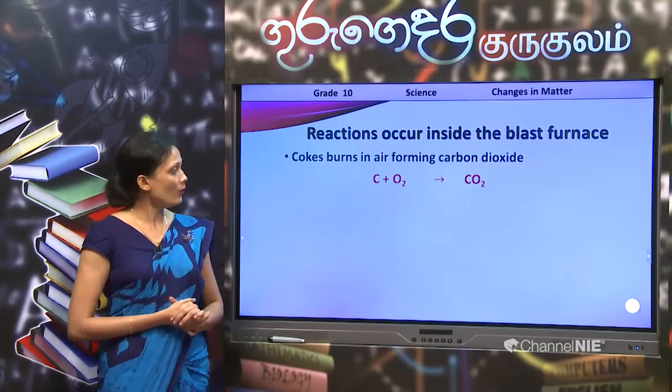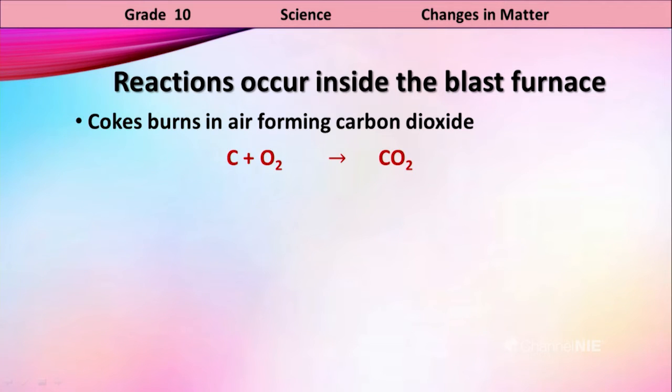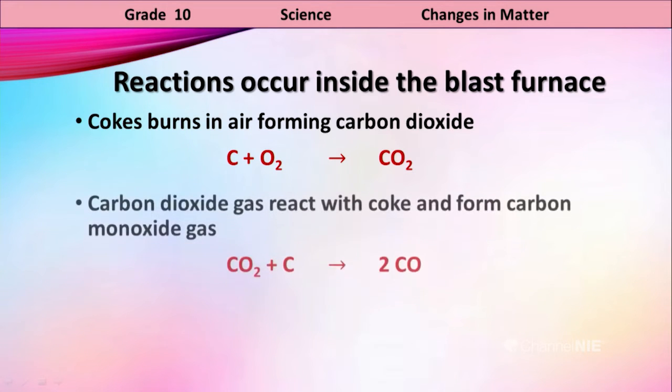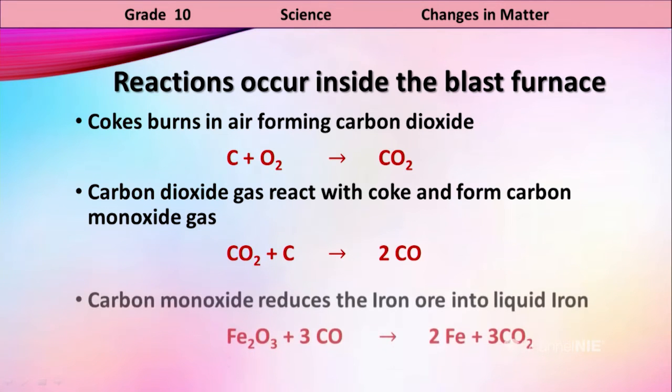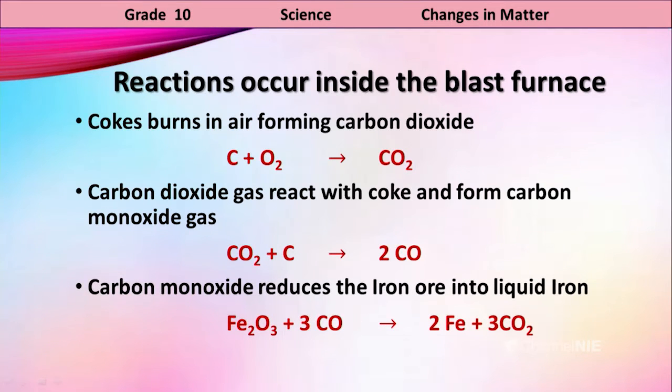First, the coke burns in air forming carbon dioxide. Then the carbon dioxide gas reacts with coke and forms carbon monoxide gas. Then the carbon monoxide reduces the iron ore into liquid iron.